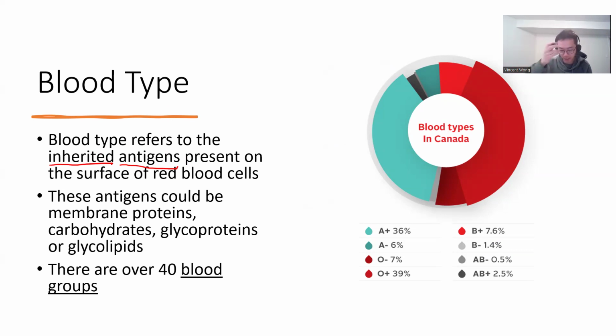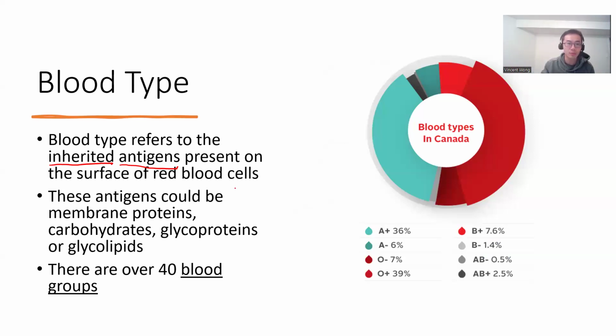Let me say that one more time. All cells have antigens. Your muscle cells have antigens, your liver cells have antigens, viruses have antigens, bacteria have antigens. When we talk about blood type, we are looking at the antigens that are on the red blood cell specifically.